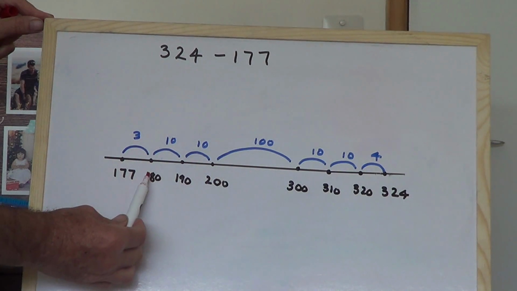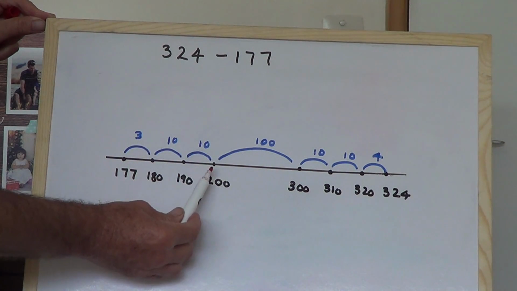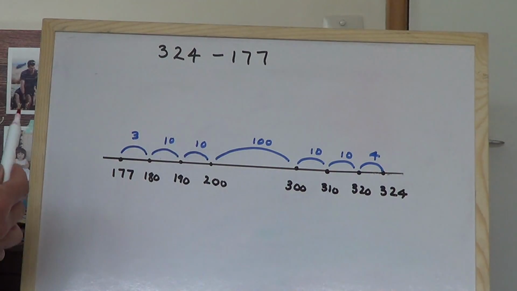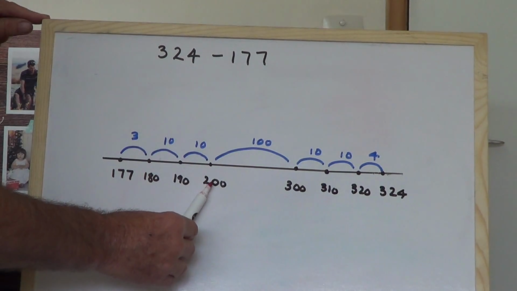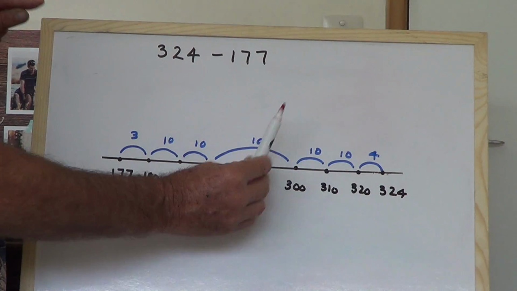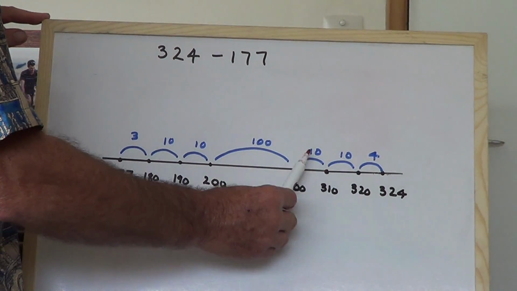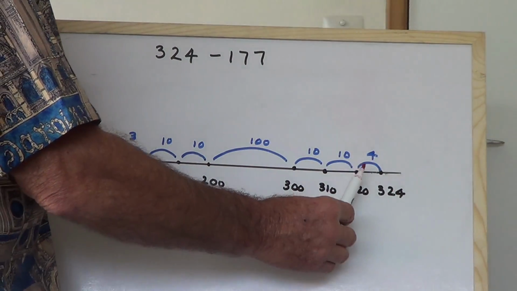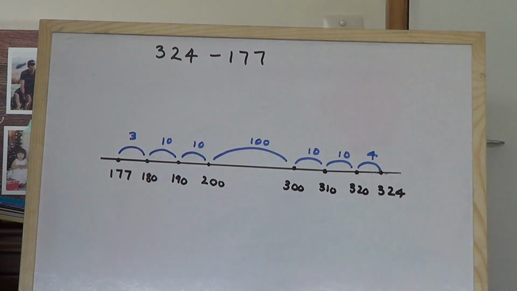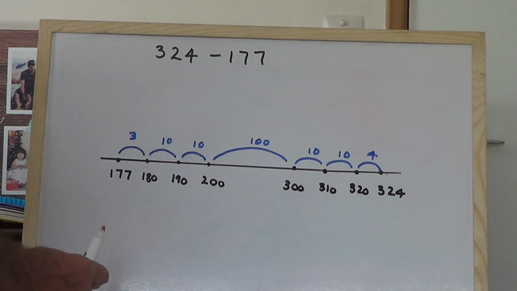Then we go from 180 to 190, which is 10. 190 to 200, which is another 10. And now we get into the hundreds. We make a big jump from 200 to 300. There's a jump of 100. And then we go from 300 to 310, which is 10, and 310 to 320, and then we go another 4 to get 324.